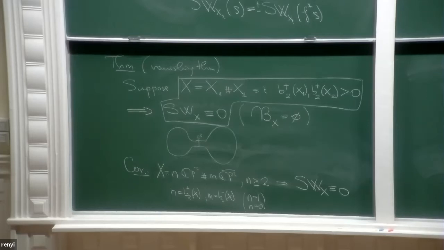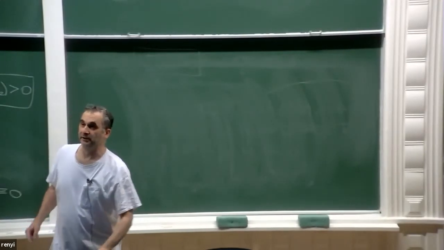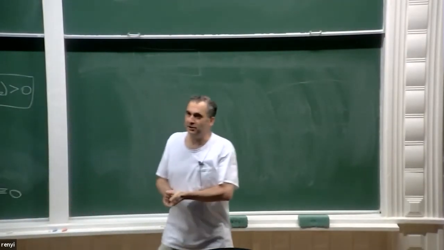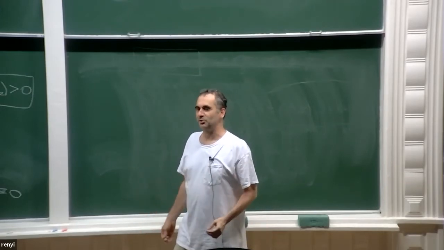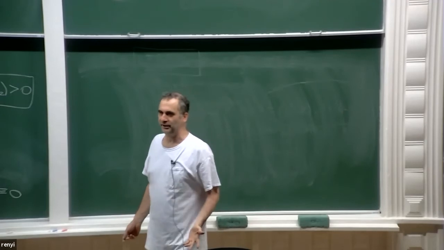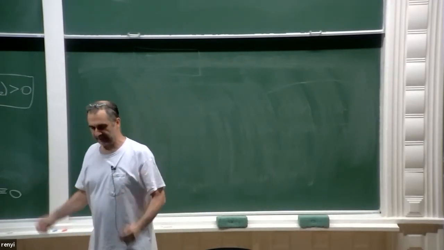Somehow 4-manifold topology doesn't satisfy the Constitution of the United States. Not all 4-manifolds are created equal. The b2 plus equals 1 4-manifolds are slightly different, and we have to develop special tools for them. That's how it is.